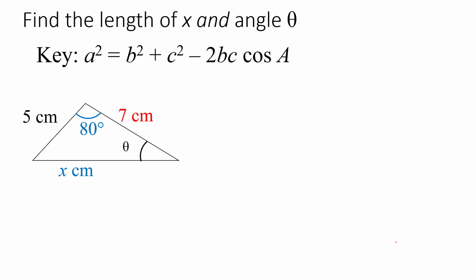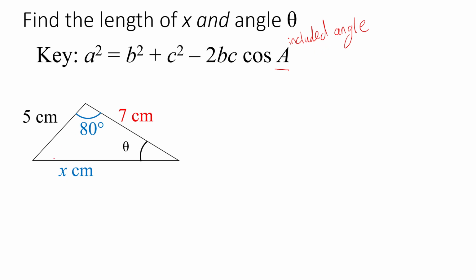So let us try out this question. Find the length of x as well as theta. So very simple, we just apply the formula. Angle A down here is the included angle. So which included angle is this?